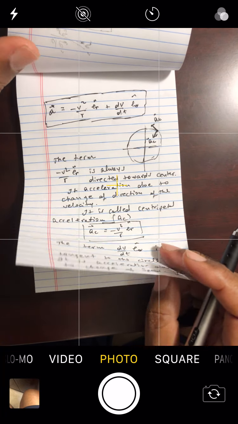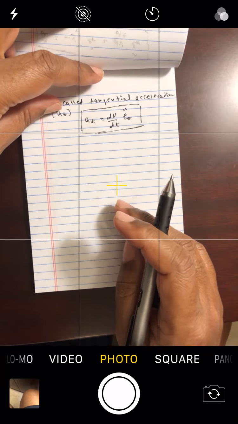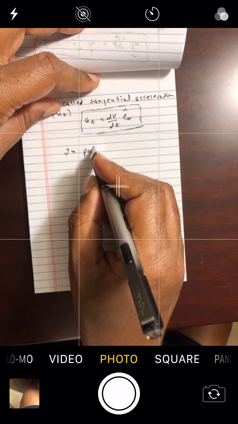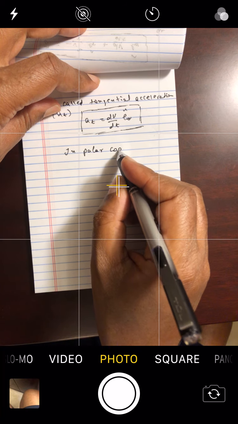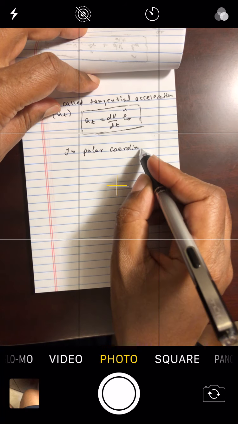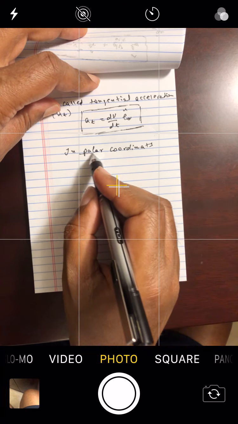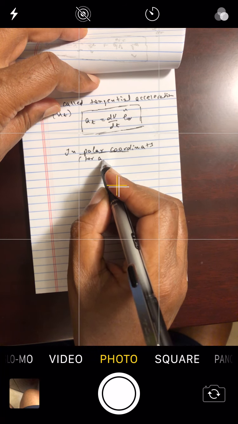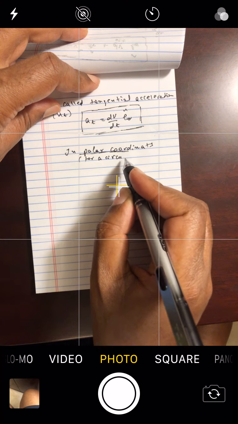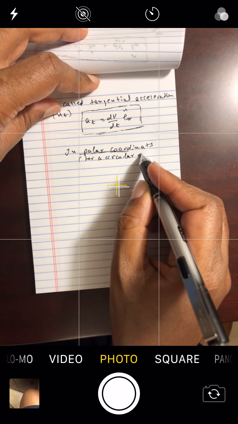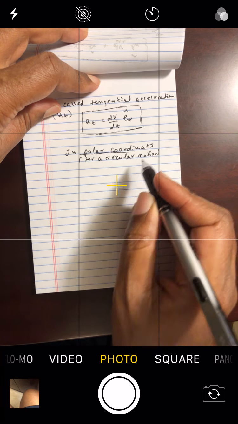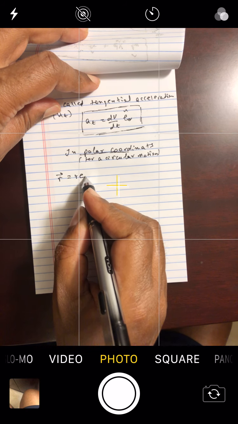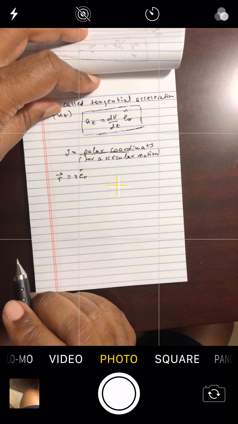All right, so let's put this together. In polar coordinates, we have the following, for a circular motion, of course. r is a constant for a circular motion. We have the position vector equal to its magnitude in the direction of the radial unit vector.